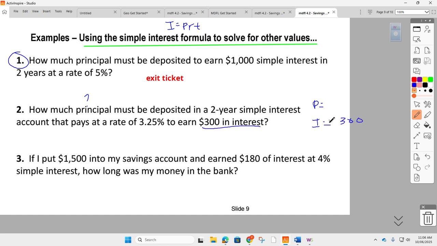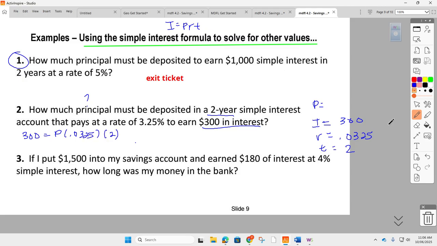We do know our rate, 3.25 divided by 100, 0.0325, and we're using 2 years as our time. So now instead of plugging in for everything except for I, we're plugging in for everything except for P. So our I is 300, our P we don't know, our rate is 0.0325, and our time is 2.